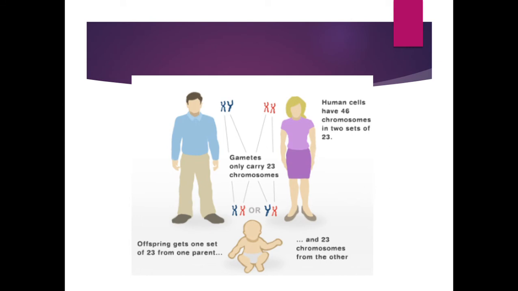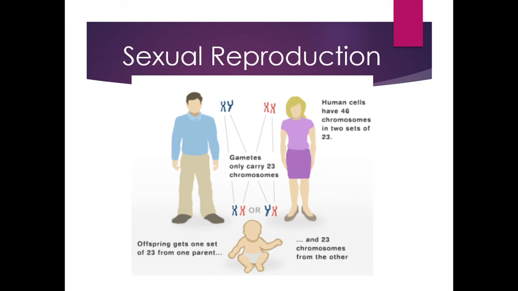Now this is an example directly related to us, to humans, and we're going to go by parts. Human cells have 46 chromosomes in two sets of 23. That is what happens when two gametes recombine. Notice that the sperm contains 23 chromosomes and the ova contains 23 chromosomes.